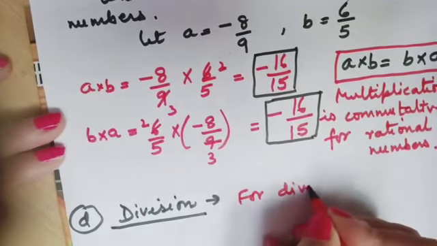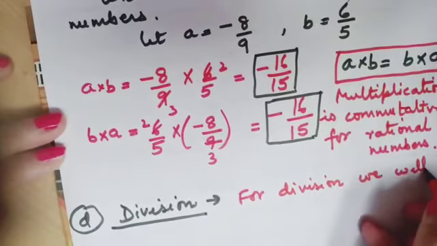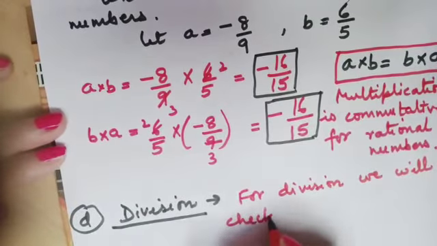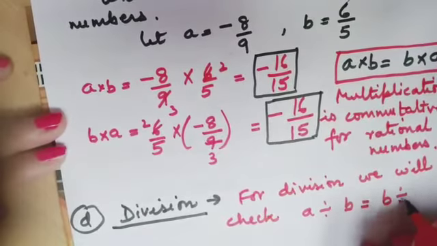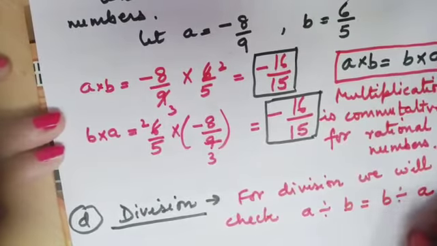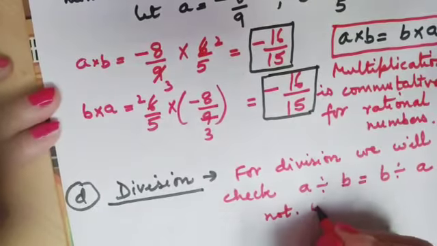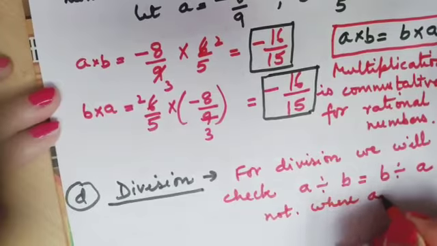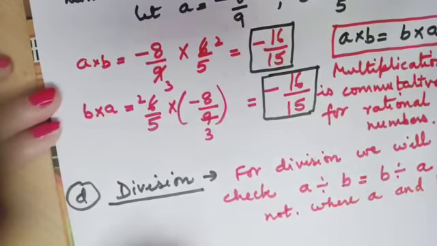For division, we will check whether A divided by B is equal to B divided by A or not, where A and B are rational numbers.